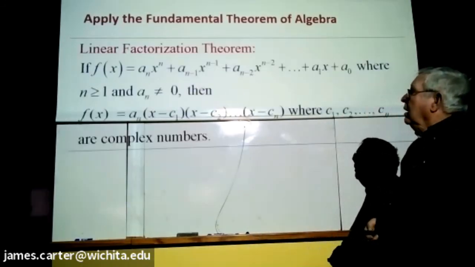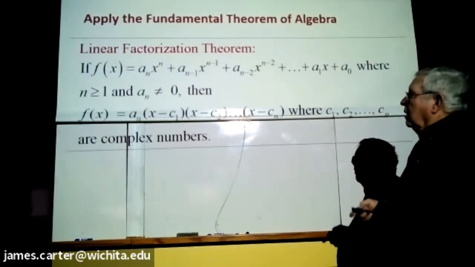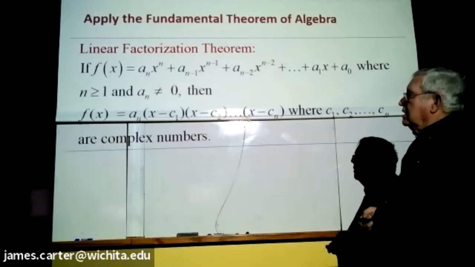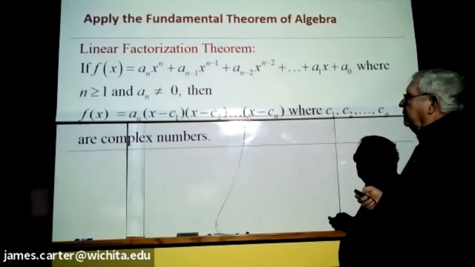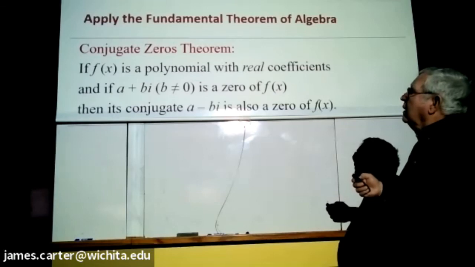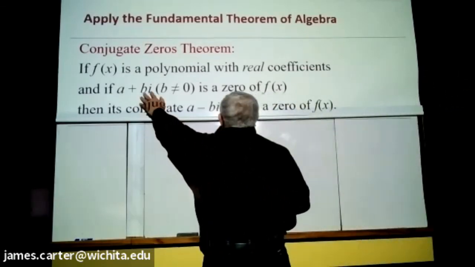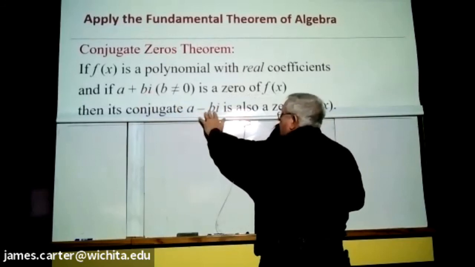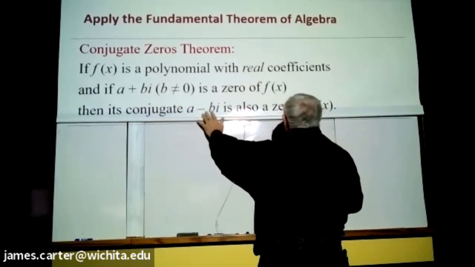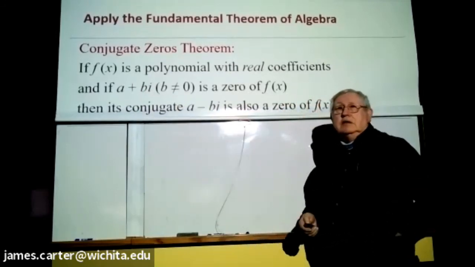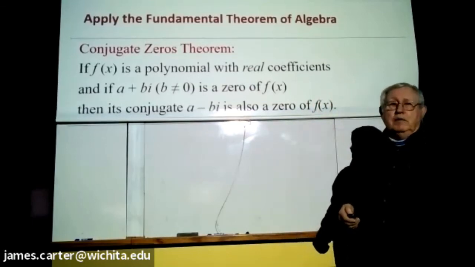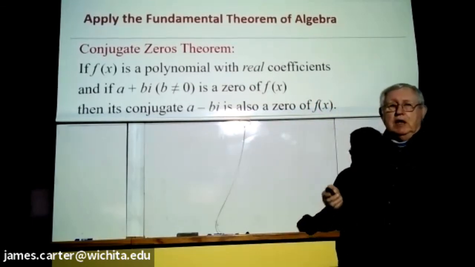Okay. And what this is saying is, well, this is just saying that if you've got this, then you've also got that. Okay. So if we had one of them, we had to have two of them.